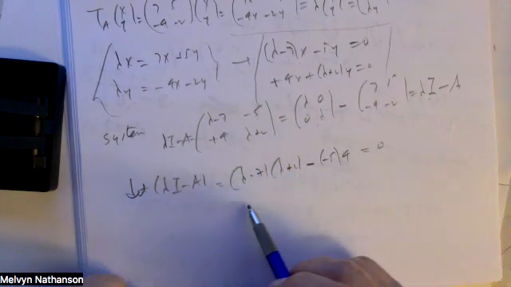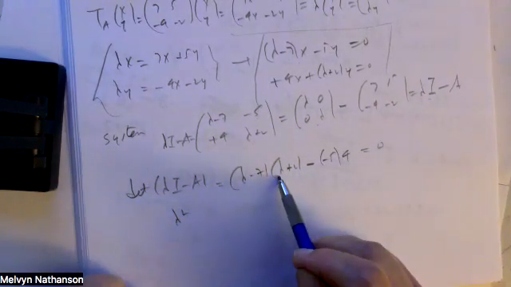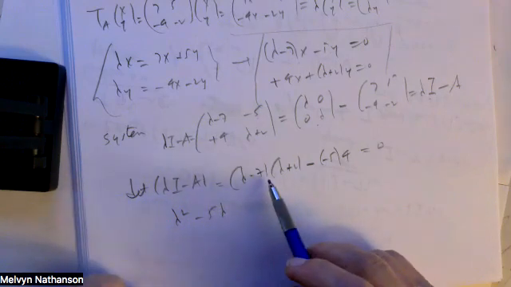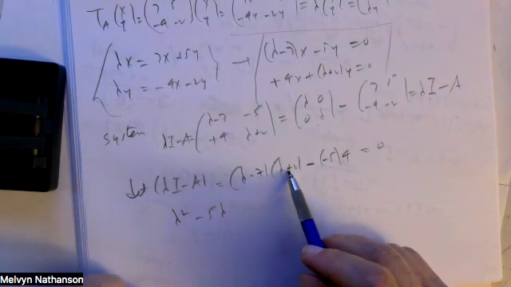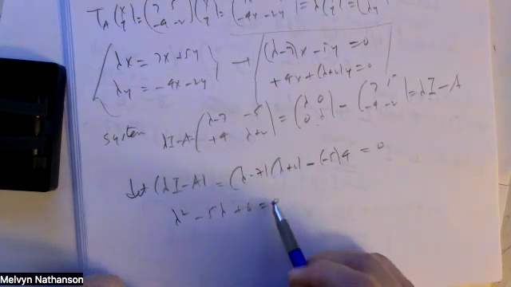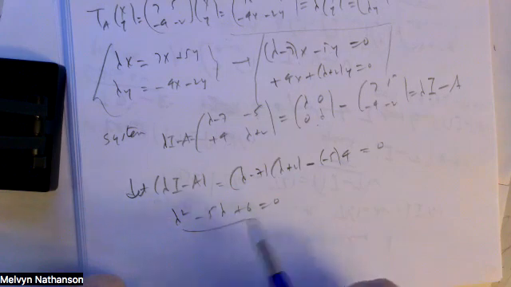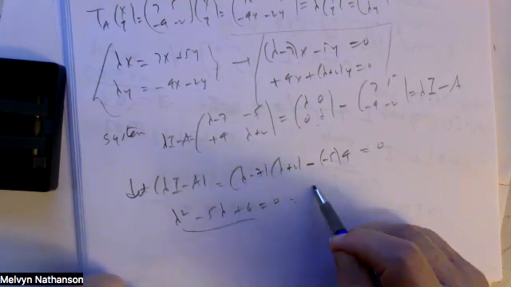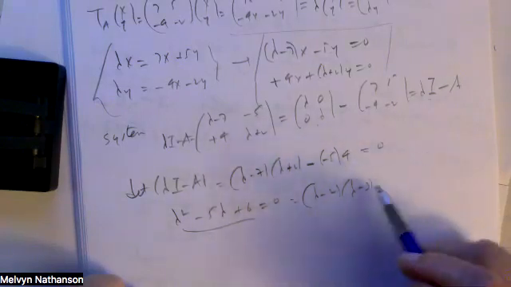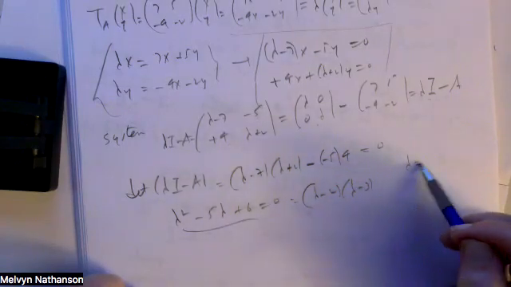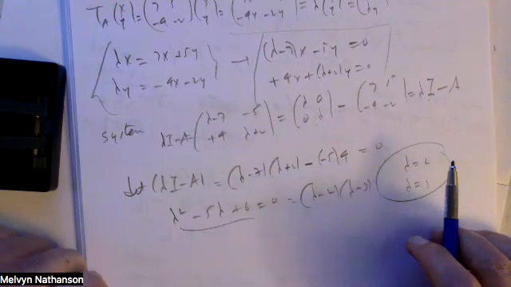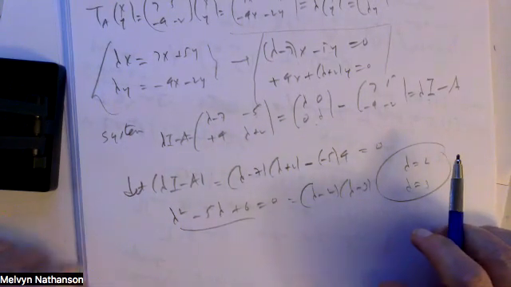This is a quadratic equation: lambda squared minus 5 lambda minus 14 plus 20, that is plus 6, equals 0. And this quadratic factors. This is just lambda minus 2 times lambda minus 3. So we have two solutions, lambda equals 2 and lambda equals 3. And these are going to be the eigenvalues for this matrix.